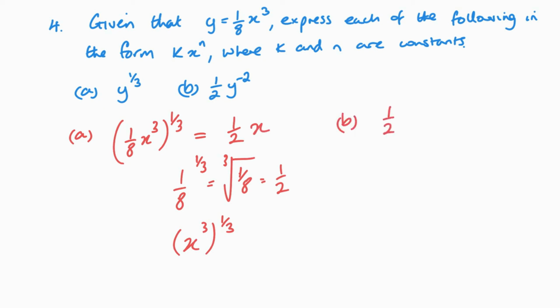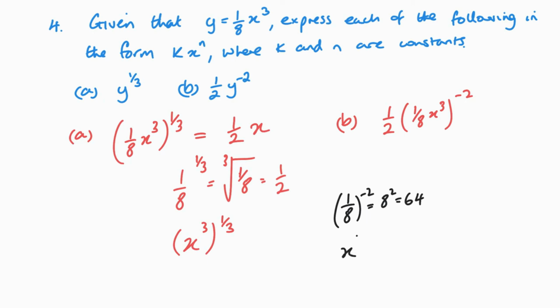Now my second, we've got a half y to the minus 2. So again, let's break it down. This time I'll use a black pen. So my 1/8 to the minus 2 is going to be the same as 8 squared, 64.